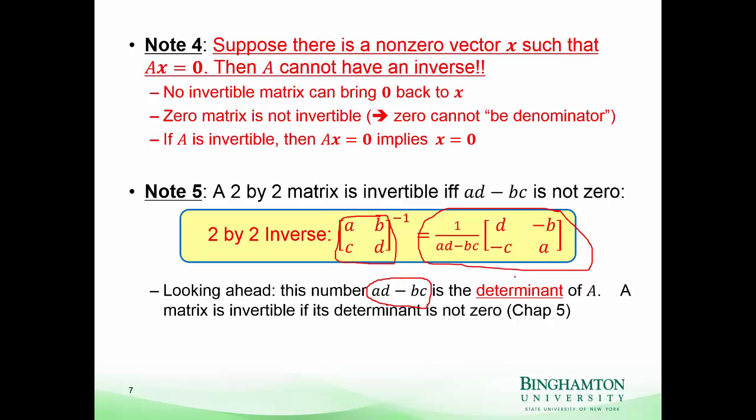We'll see that for a general matrix, if the determinant is not 0, then the matrix is invertible. To be honest, that's actually an if and only if. A matrix is invertible if and only if its determinant is not 0.